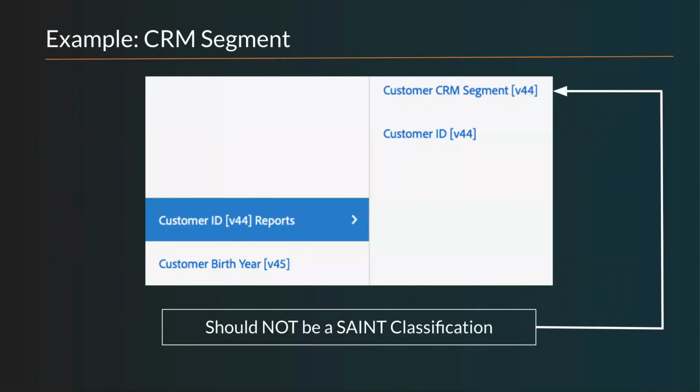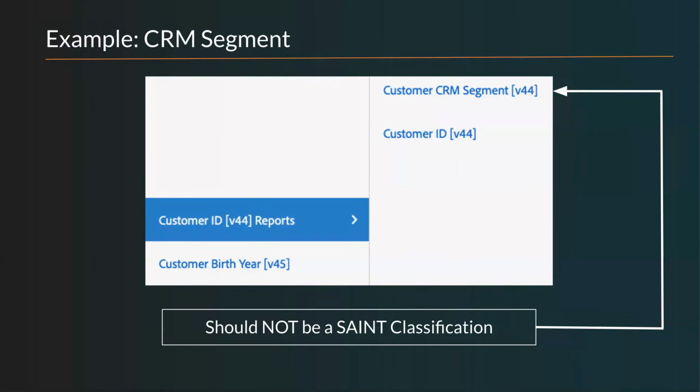Now, in the past, when I've talked about SAINT classifications, I used this example where I said, we have a customer that has an eVar with customer ID, and they made a SAINT classification, which was the CRM segment that customer went into.